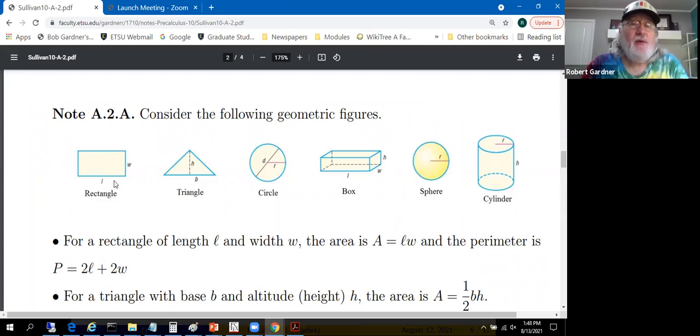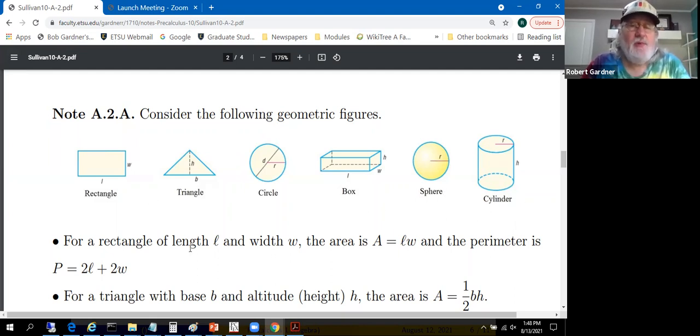We're considering a rectangle of length L and width W, as the parameters are labeled in this picture, a triangle of base B and height H, a circle of radius R and diameter D, a box of length L, width W, and height H, a sphere of radius R. They've shaded it to try to give a concept of depth to it, so it's a sphere, and a cylinder of radius R and height H. We want to find areas and, when appropriate, in the last 3, volumes.